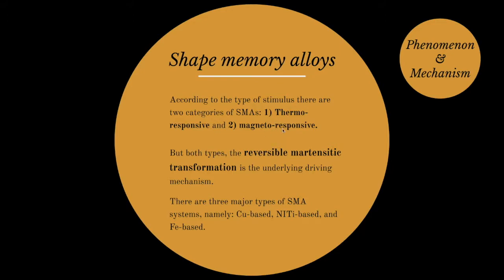Remember these two responsive alloys, both are reversible martensitic transformations, meaning if it is heat, you can heat it and then cool it, and it will cycle around that form. And for alloys, I think there are three major types: copper, nitinol, and barium, the iron.